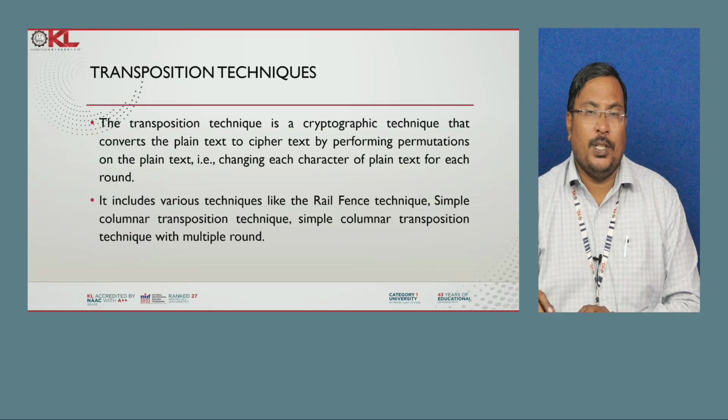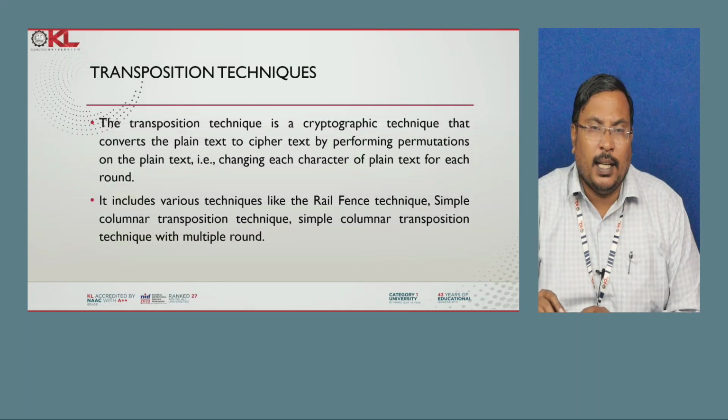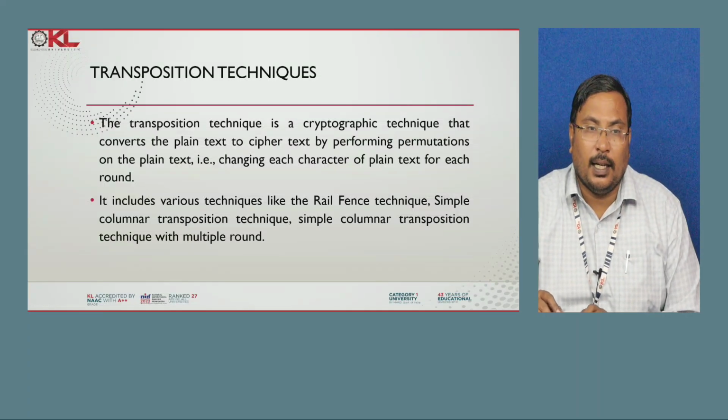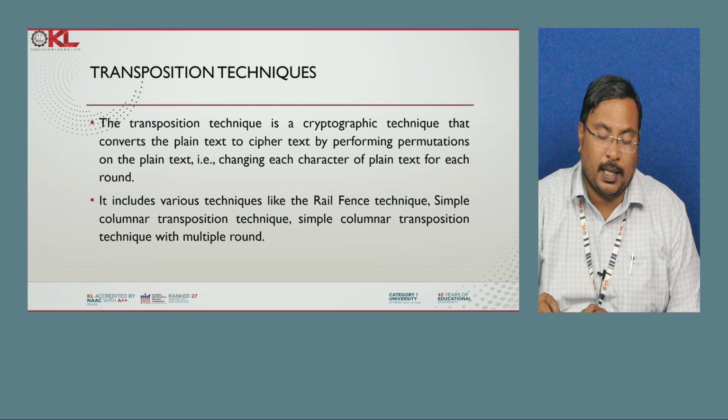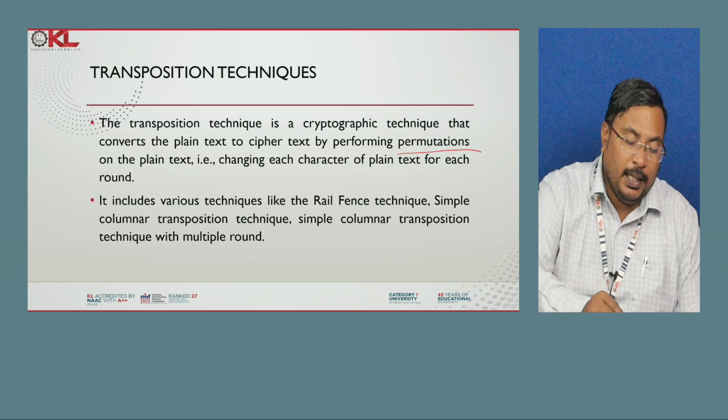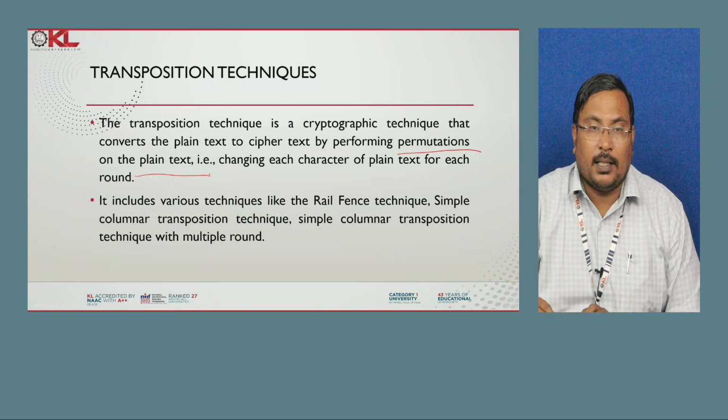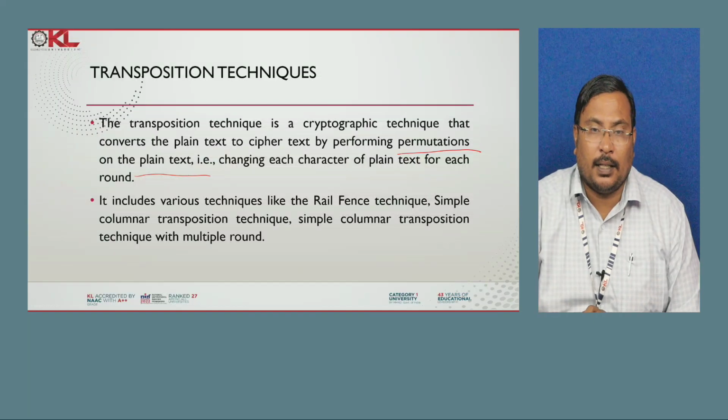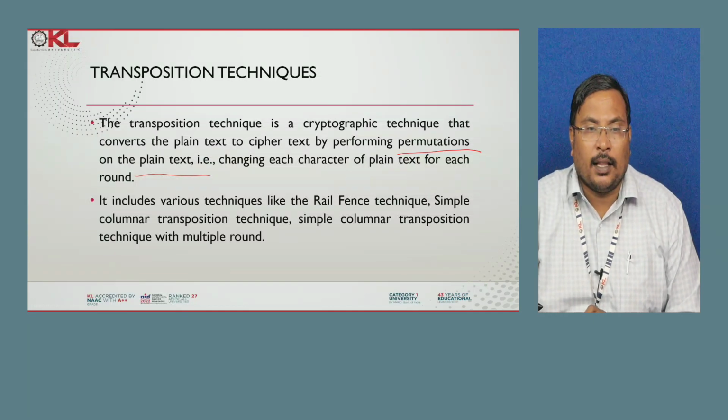Next, the transposition technique. Transposition is a cryptographic technique that converts the plain text into the ciphertext by performing permutations on the plain text, that means exchanging the characters from one position to another position.